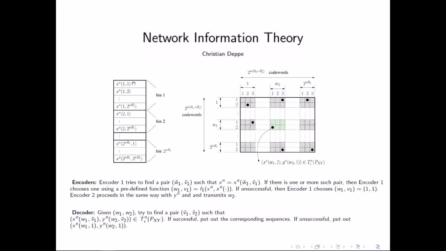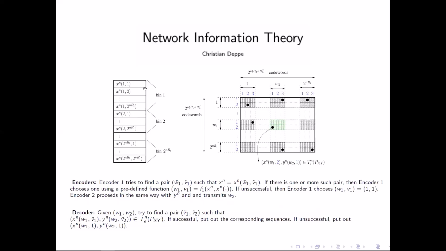So he looks at his codebook, the big codebook, and checks if there is such a pair. If there is more than one of these pairs, then he uses a predefined function.